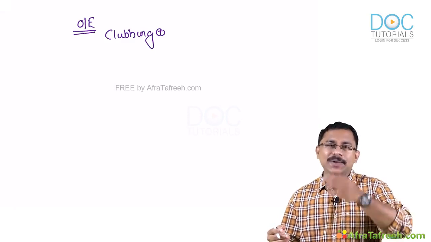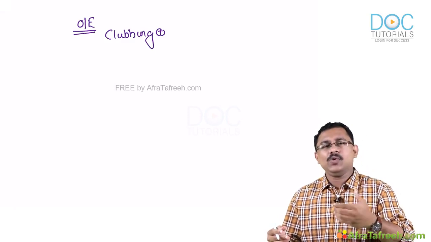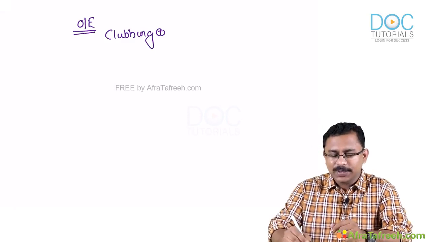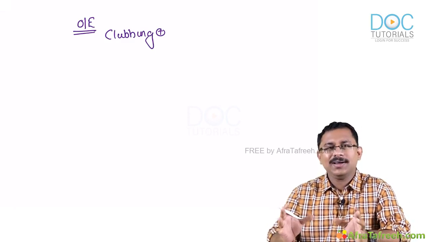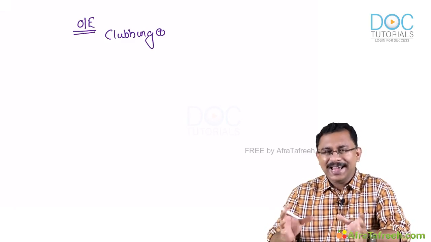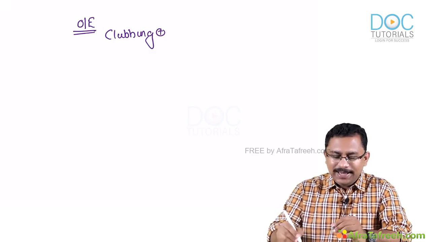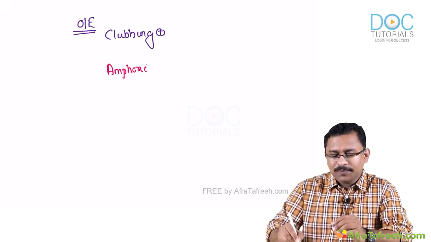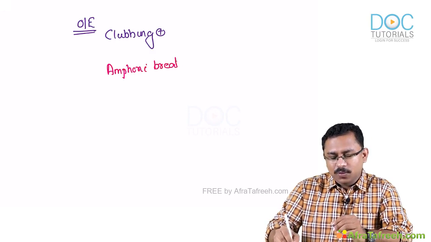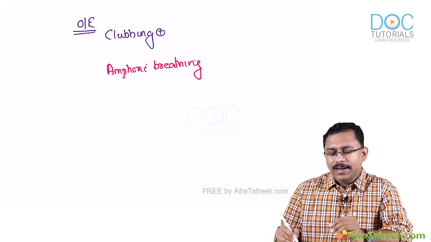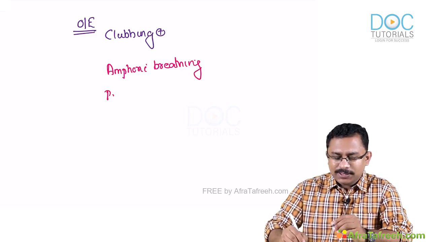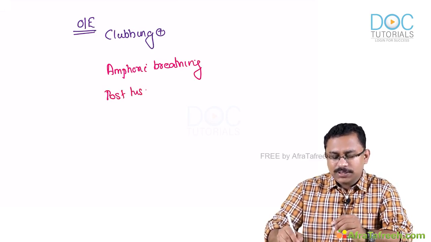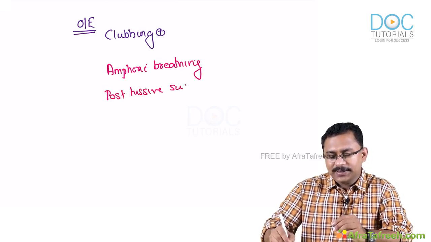So there will be clubbing, and again you will have auscultatory findings as well, because you have got a cavity there. So you might have on auscultation maybe an amphoric breathing over the cavity. And also you might have another auscultatory finding, that is your post tussive suction.